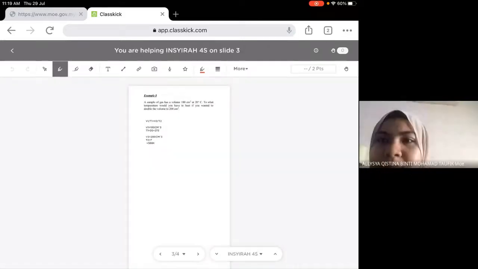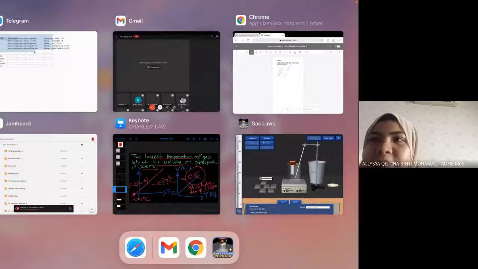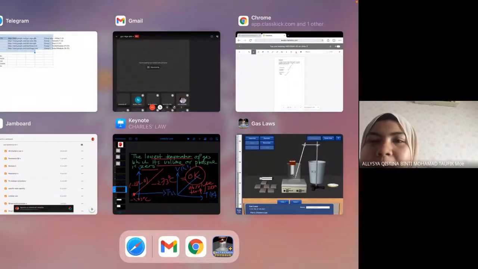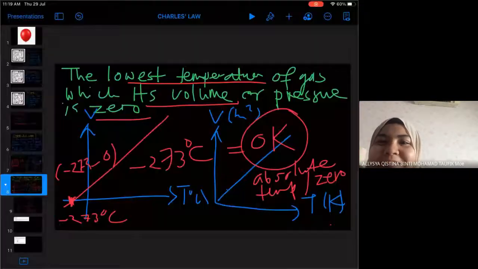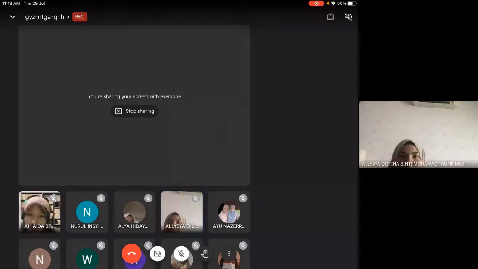Teacher. Yes. Just now in the experiment for temperature 30 and 35, I get both 40. So the graph would be, you know what I mean, curved. So should I just follow or? The graph is not curved.